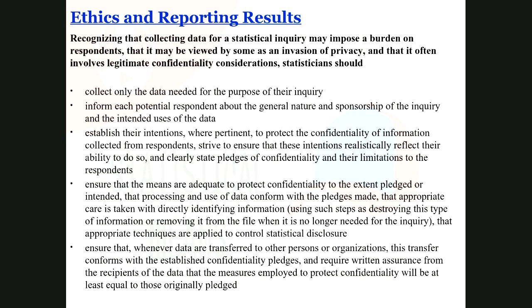You try to ensure that these intentions realistically reflect their ability to do so. Ensure that the means are adequate to protect confidentiality, which is probably the most important. And you ensure that whenever data are transferred to other persons or organizations, this transfer conforms with the established confidentiality pledges and require written assurance from the recipients of the data.